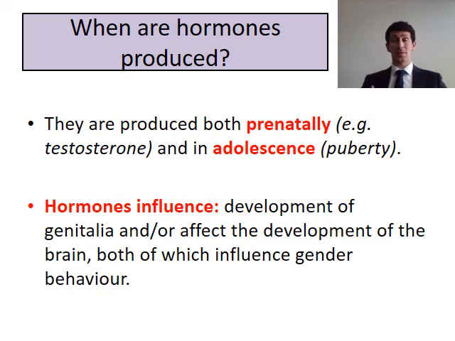When you're in the womb, if testosterone is released, the baby's brain will be affected and it changes the structure, the neural pathway of the brain prenatally. It also influences gender behaviour. High levels of testosterone have been linked to higher levels of aggression. So hormones have a really large influence on a range of different traits, behaviours and attitudes in people.